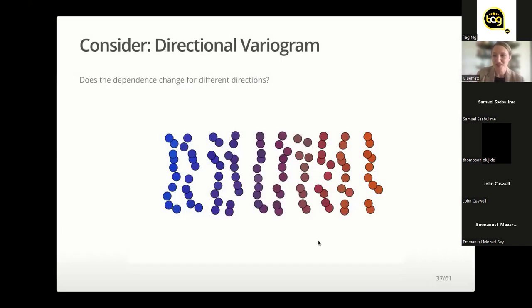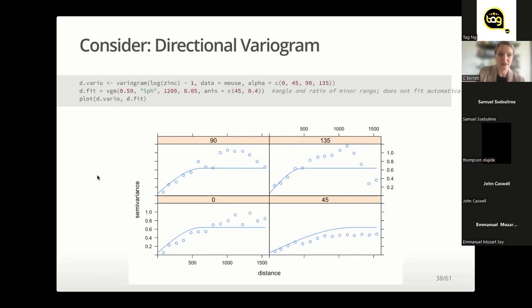Now let's consider this directional variogram. I motivated this idea with this little toy example. In the horizontal direction, we have a lot more variability than we do in the vertical direction. So we might want to look at variograms for these different directions. I'm going to do that for that Meuse data set. I'm calling the object d.vario, for directional variogram, and they use the argument alpha for the angles that we're going to look at.